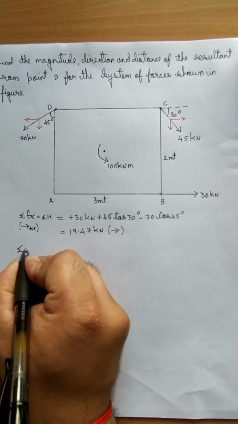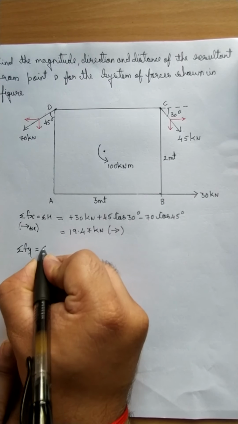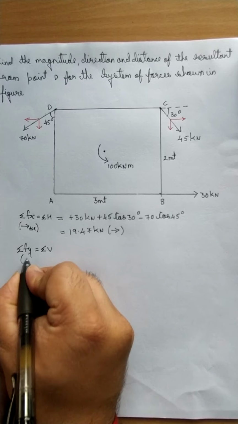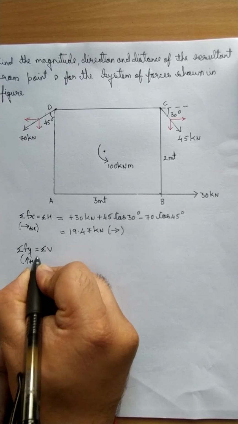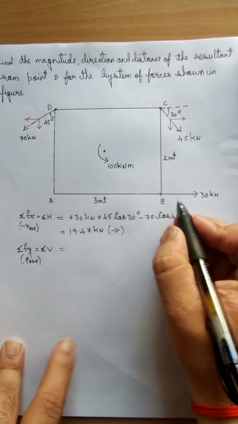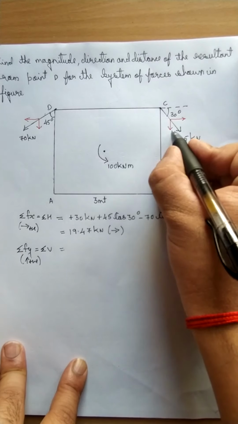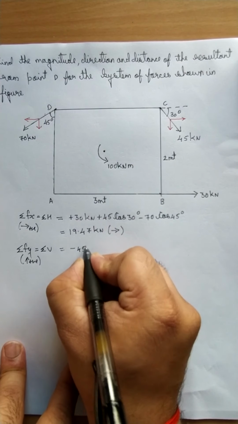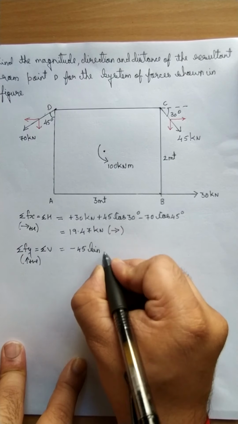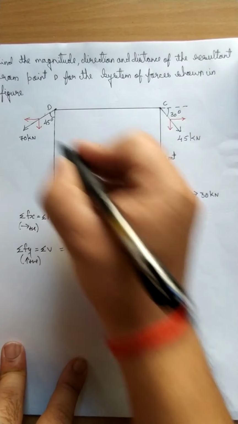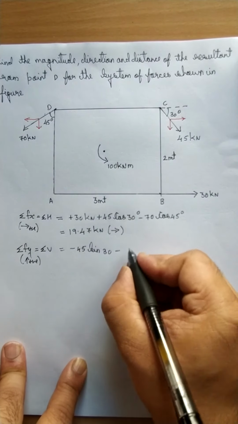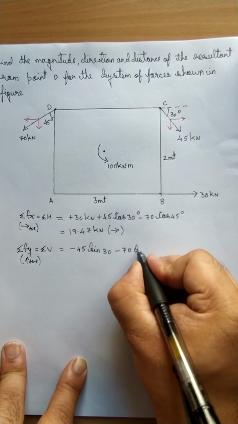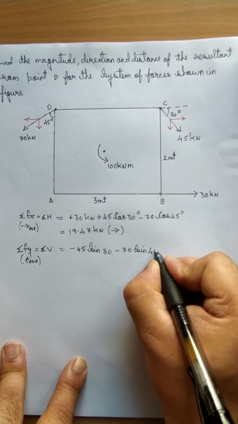Then we will calculate summation of Fy, summation of vertical forces. Here upwards is positive. This one is horizontal, so it will not contribute. This is vertical coming downwards, so minus 45 sin 30 degrees. This also is downwards, so minus 70 sin 45 degrees.